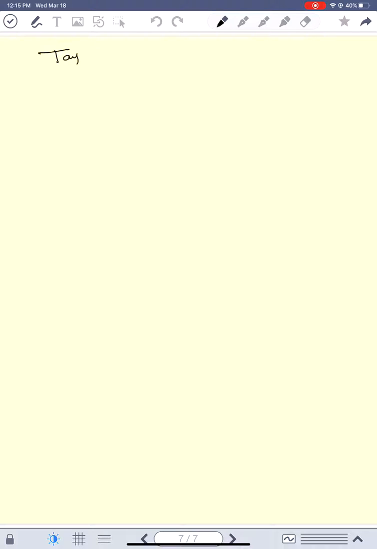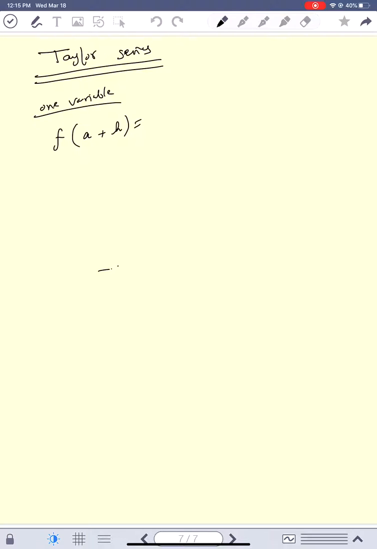So I need to remind you of something called Taylor series. Remember, what was the Taylor series for functions of one variable? If you have f of a plus h, how did you find the Taylor series?